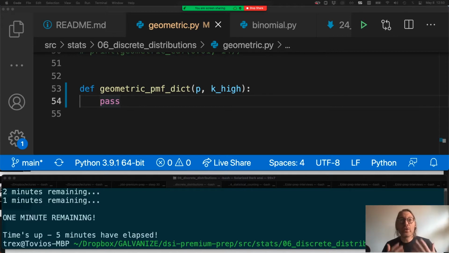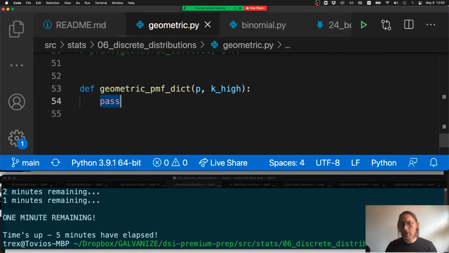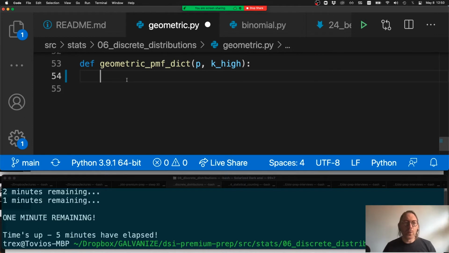Okay, so I'll code through this just step by step. This, like I said, is kind of an archetypal thing that you'll need to be able to code. We're using a dictionary, which I'll instantiate. And then we want to go from the lowest value of k, which is going to be 0 in this case, okay? And let's see.